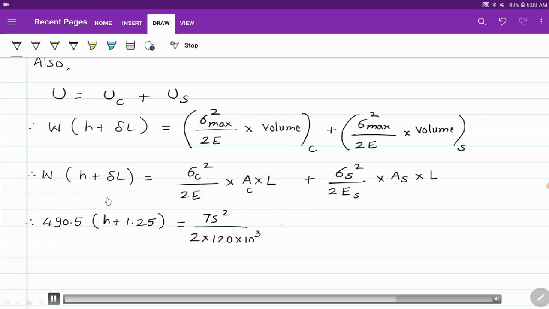W is 490.5, delta L is 1.25, sigma c square, sigma c in Newton per mm square, divided by 2E, modulus of elasticity is 120 into 10 raised to 3, area is 706.85 and length is 2000.